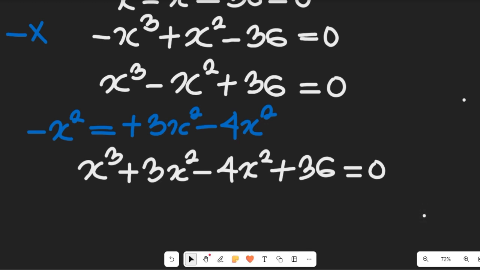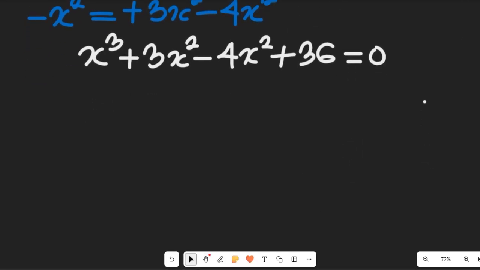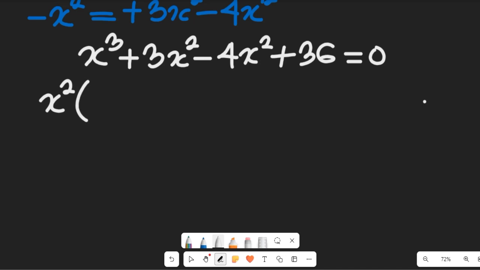Great. Now from this expression, I can expand to find the values of x. Now if I expand this, I'm going to find out that these two expressions, something is common over here, and that is x squared. So if I bring out x squared, this divided by x squared, I'll be left with x plus 3, right?